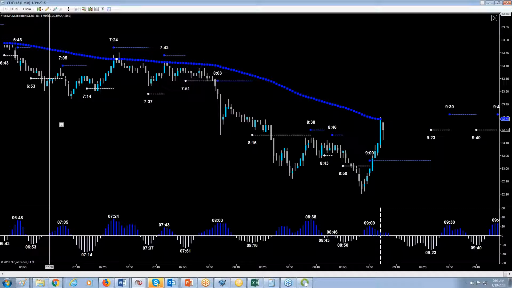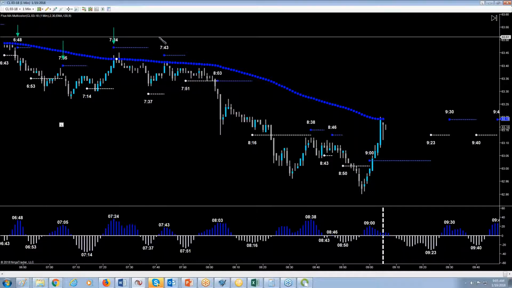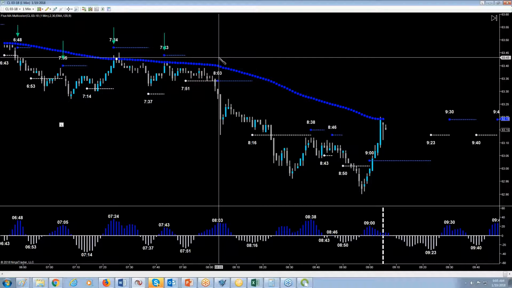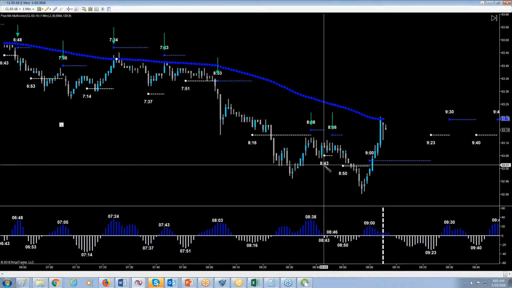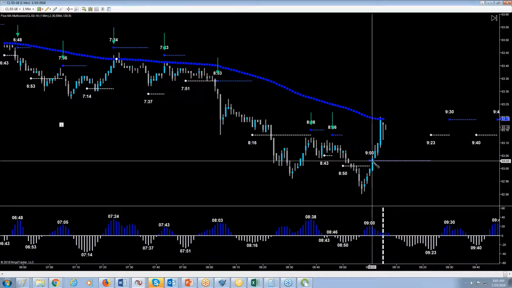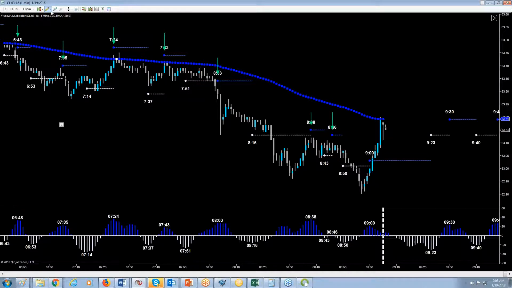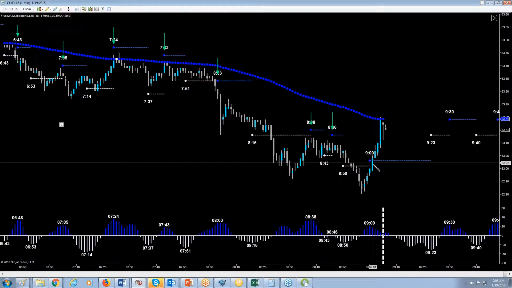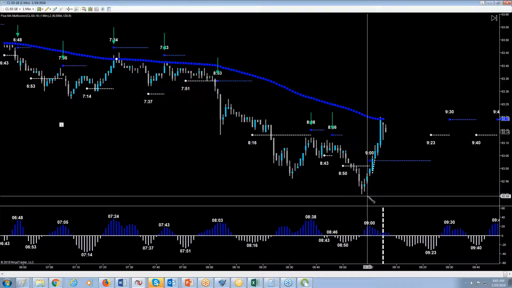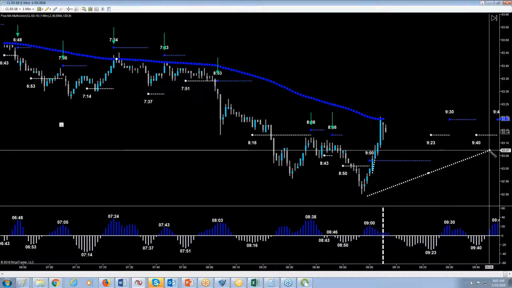AJ, you see how none of these blue lines are broken? 743, 803, no break. 838, no break. 846, no break. This one right here is the first break. Make sense? So even though the 120 EMA is down, as of 9 o'clock, as soon as it broke this line right here, in my head, I see the moving average down here.